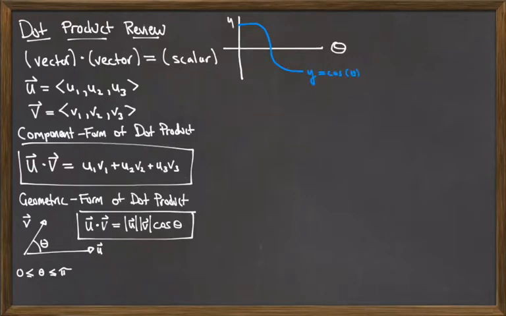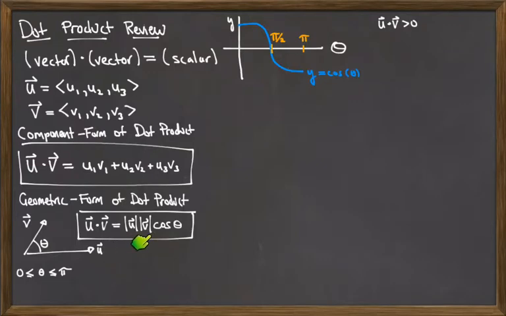If I plot theta on the horizontal axis, it goes up to pi, so up to 180 degrees, and on the y-axis I'm plotting cosine of theta somewhat crudely. At pi over 2, at 90 degrees, it's 0, and it starts at 1 and ends at -1. So if I take the dot product of two vectors and get a positive number, why would that happen geometrically?